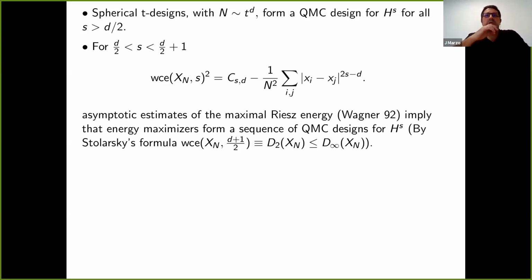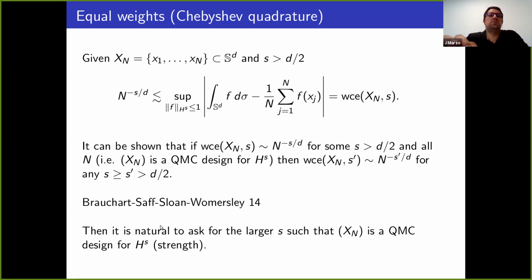But in some other cases, you have some restriction. For example, there's this nice relation between the worst case error and the energy. This is true on the sphere basically because of the form of the reproducing kernel of the Sobolev space, but it's also shown in this paper. So these are basically all results from this paper.